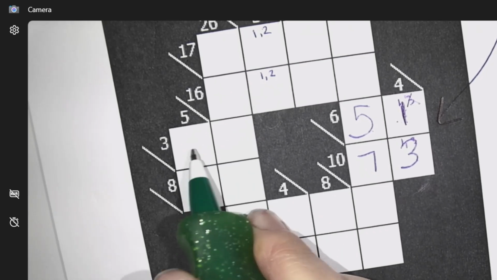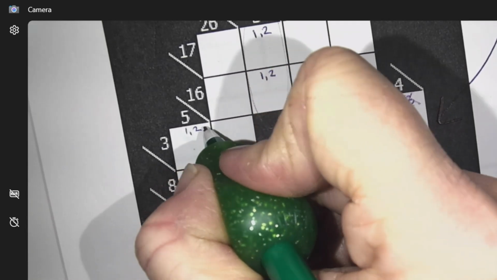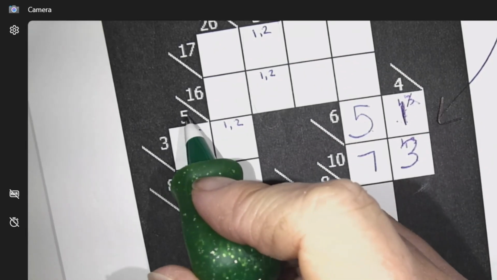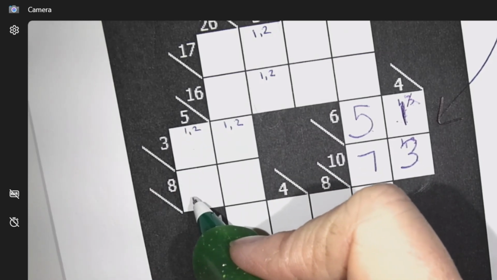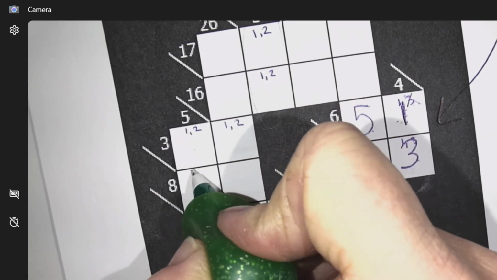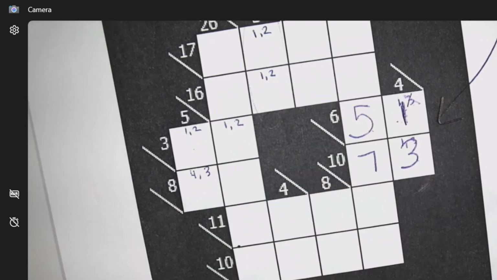These 2 boxes have to add to 3, so your options are 1 and 2. But these 2 boxes have to add to 5, so you could have done the 1 plus a 4 or a 2 plus a 3.